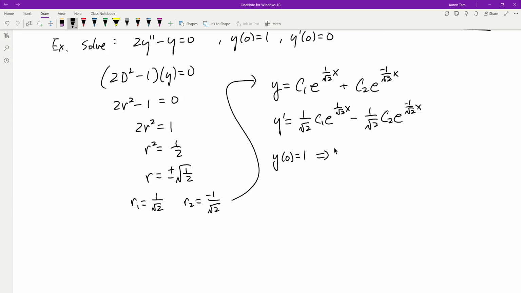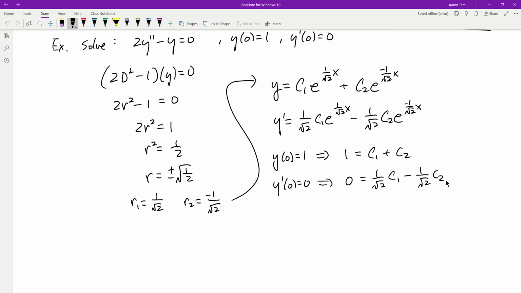So that, by now you should see, is 1 equal to basically c1 plus c2, because both of these e terms would go away. And that gives us a first equation. y prime of 0 equal to 0 would basically tell me that 0 equals 1 over radical 2 c1 minus 1 over radical 2 c2.